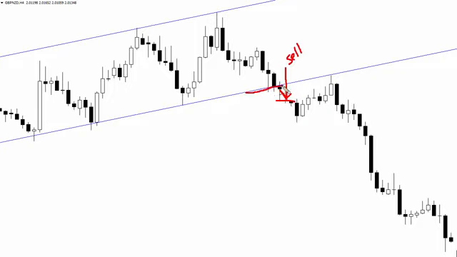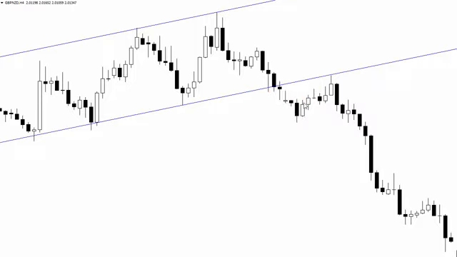Remember with the wedge breakouts, I said that if the bar closes somewhere close to this area, then it's okay because our risk to reward ratio isn't going to be compromised. Now if this bar closed down here, we would certainly want to wait for a retrace. But because this bar is so close to this level, it would be okay to enter short here.